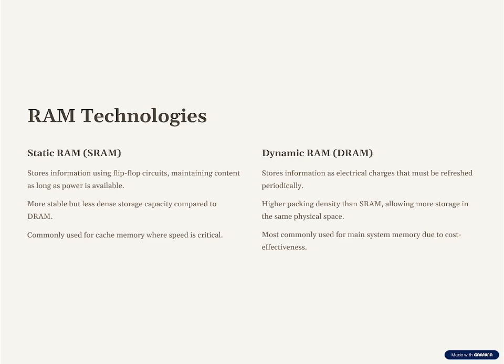The dynamic RAM is commonly used in the main memory due to its cost effectiveness. When you are performing memory management techniques in an operating system, normally the type of RAM involved is the dynamic RAM.